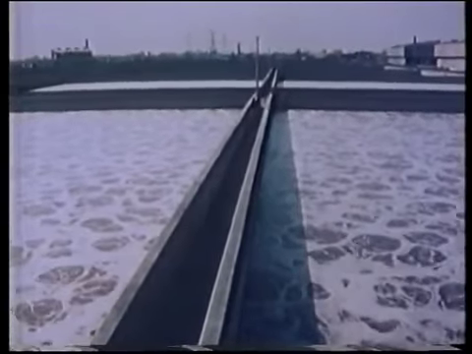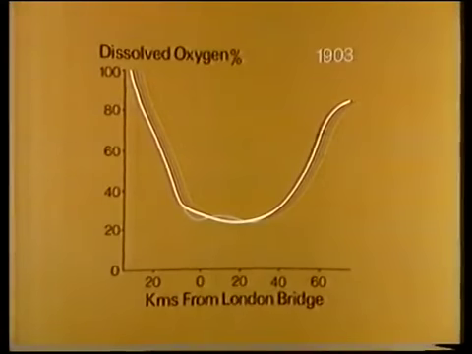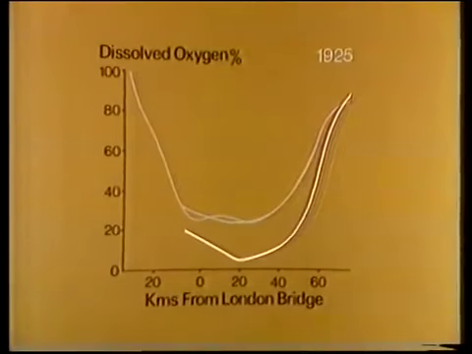The earliest measurements were taken in the 19th century. Here's a plot of oxygen concentration against distance from London Bridge. As the years passed, conditions worsened. The worst part of the river was always about 20 kilometres downstream.